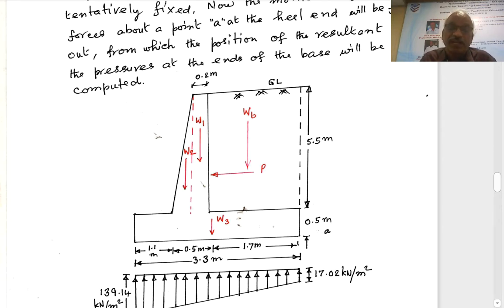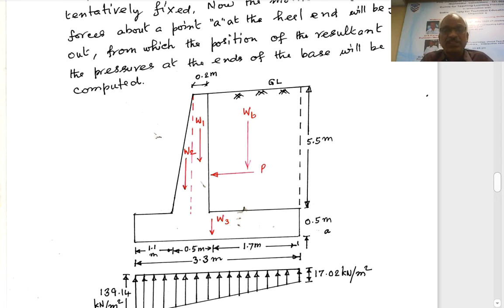That is what you are going to find out: the upward pressure and the maximum and minimum values. From the stability calculation you are going to get the pressure diagram at the bottom, for which we have to find where the resultant of W1, W2, W3, WB and lateral pressure acts.